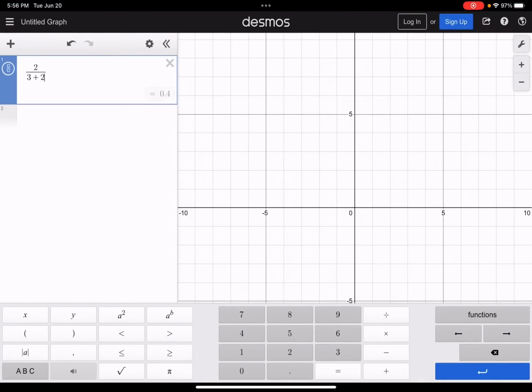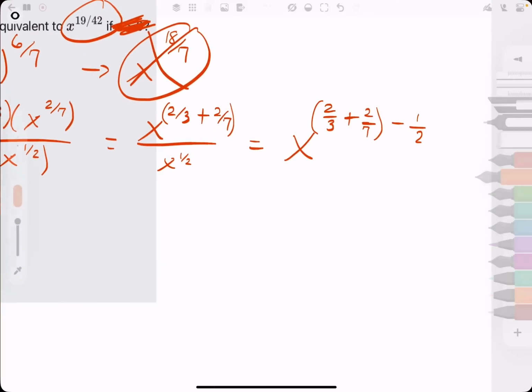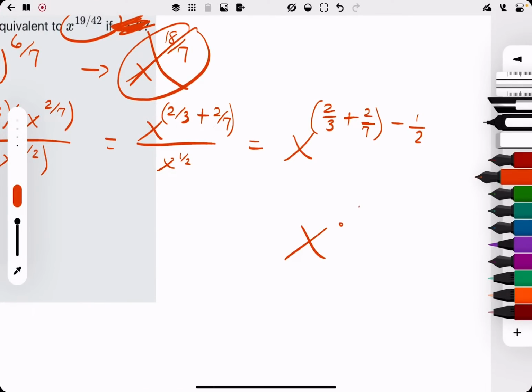And we get this crazy decimal, 0.45238. X to the 0.45238. So again, that becomes the new exponent of our x value.